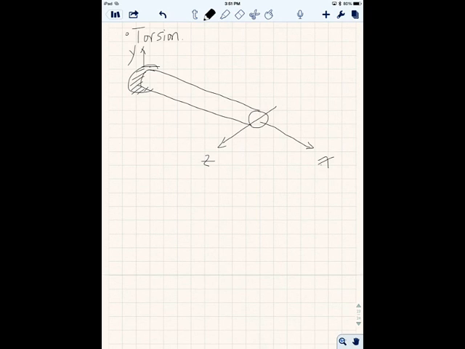For example, the end is fixed, and I'm trying to apply a pair of torque. Try to twist it. Total length over here is L.